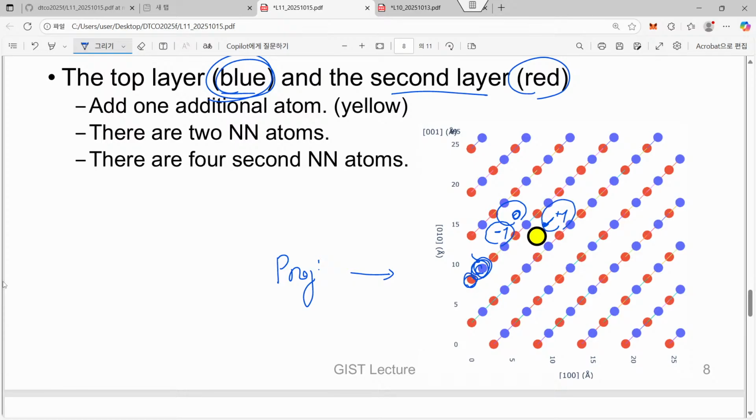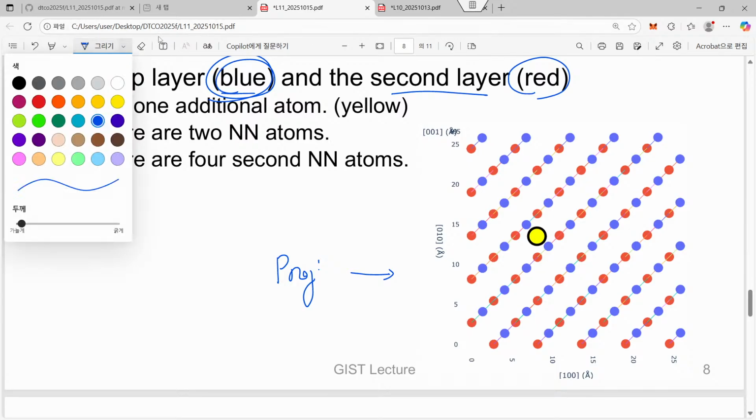So then the question is, how many nearest neighbors are found for this yellow atom? Nearest neighbor means just the closest one you can find, and the answer is quite clear.